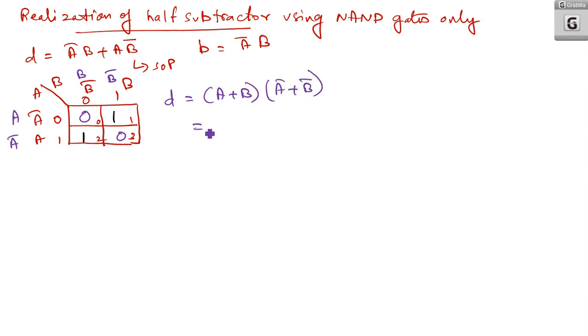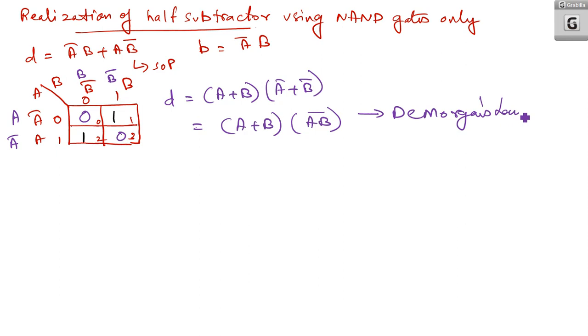This we can write as A or B and AB bar, by applying De Morgan's law. Therefore, D you can write it as AB bar or B AB bar.